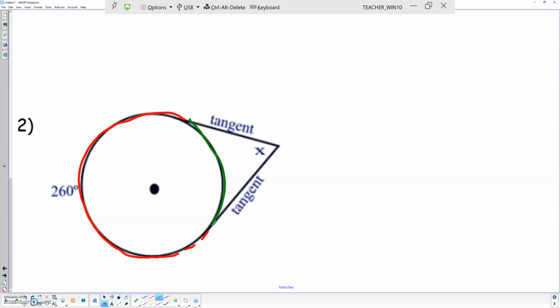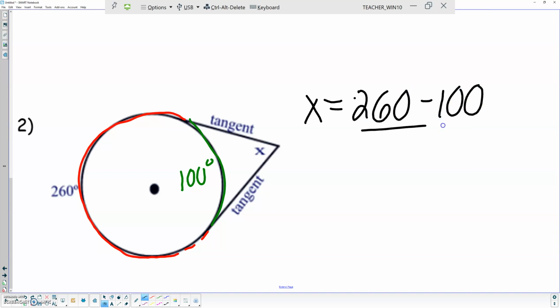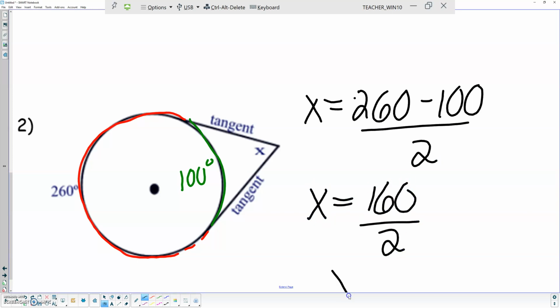There's 360 degrees in a circle, so that means my near arc has to be 100. In this case, x is 260 minus 100 divided by 2. That's going to be 160 divided by 2, which means x is 80 degrees.